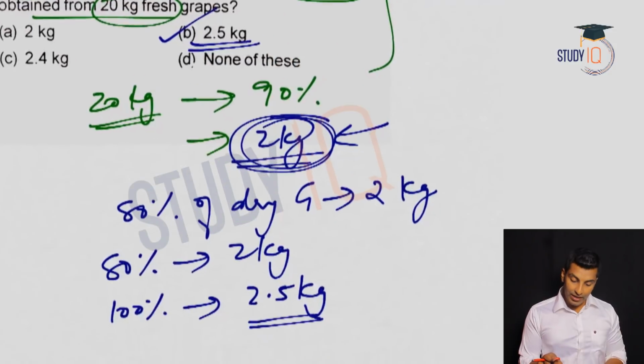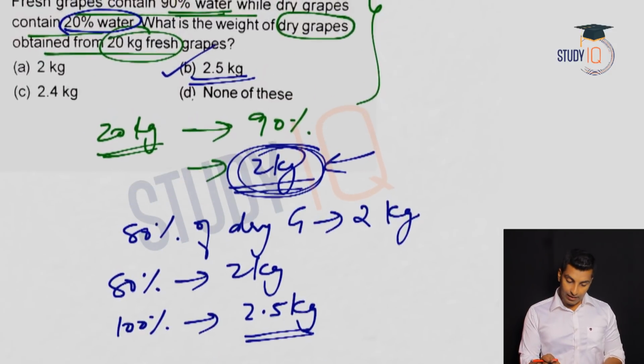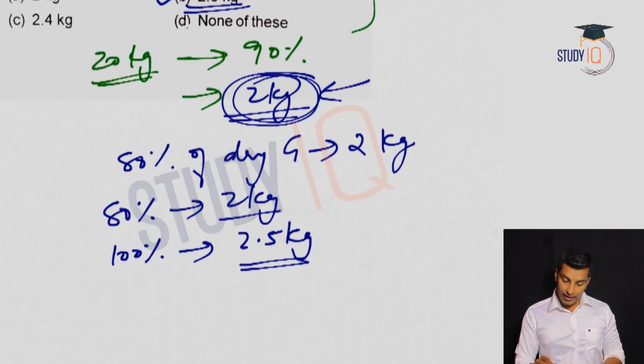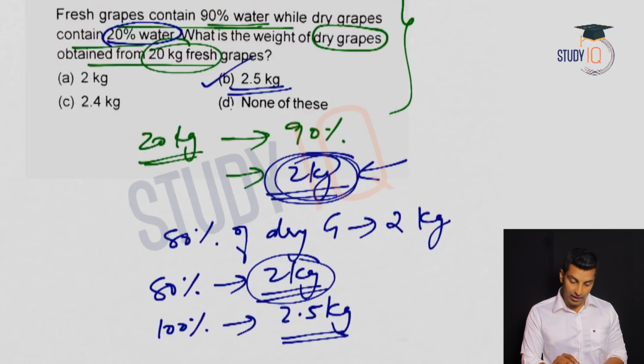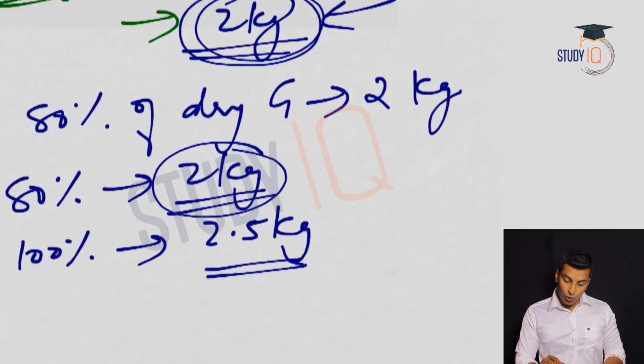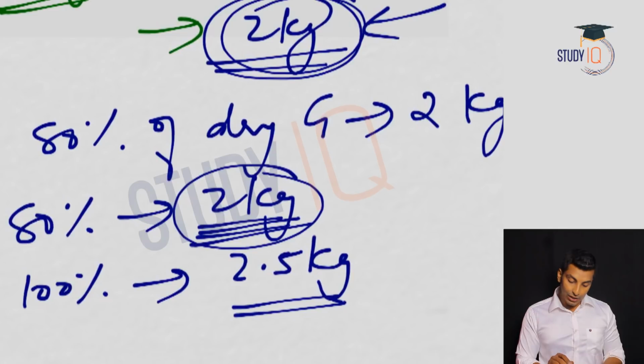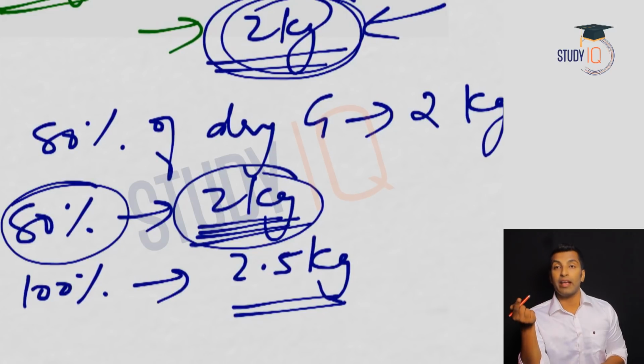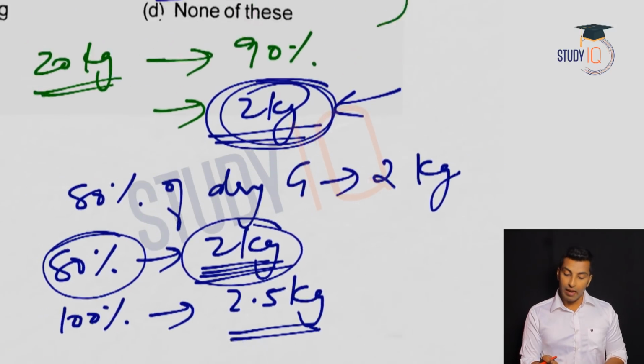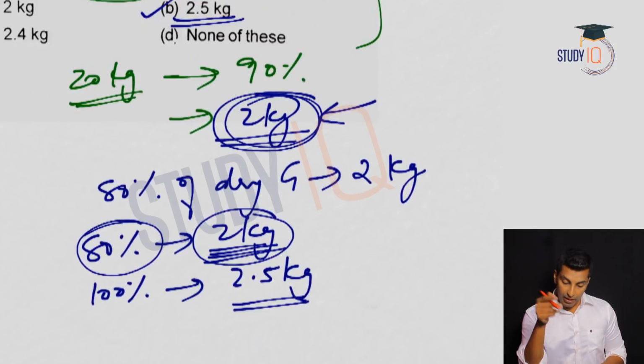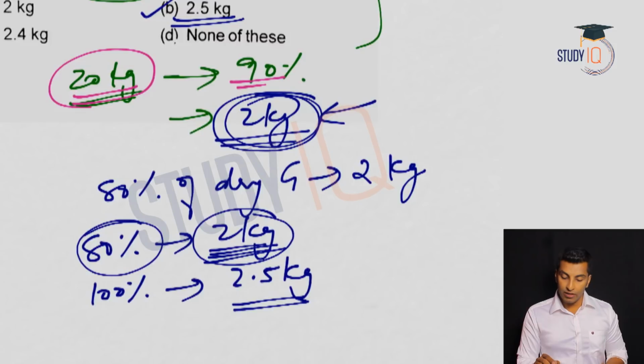Why it is tricky is because the moment you see 20 kg, there is a possibility of marking A. But the point is, this 2 kg you got is actually 80% of the dry grape. Why? Because the dry grape also contains some water. When I say 90% water means 2 kg is pure, there is no water.